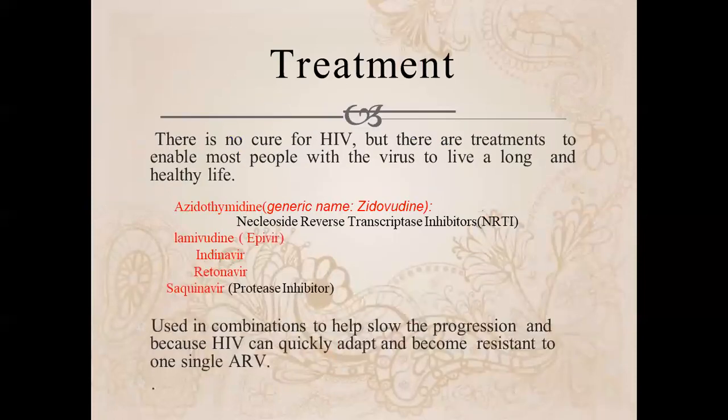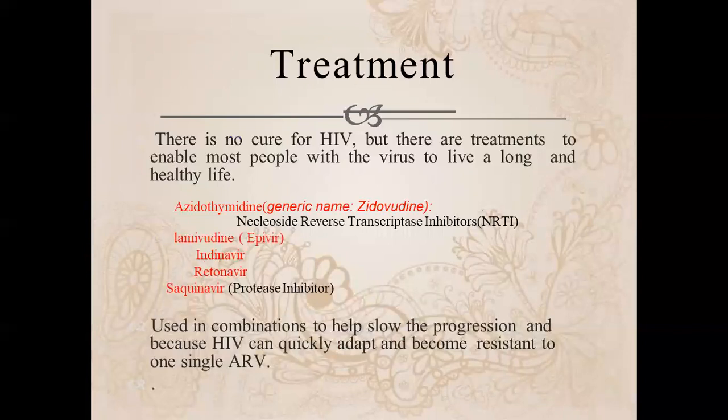Next, moving on to the treatment. There is no cure for HIV, but there are treatments to enable most people with the virus to live a long and healthy life. We use antiviral therapy like zidovudine, an antiviral drug.